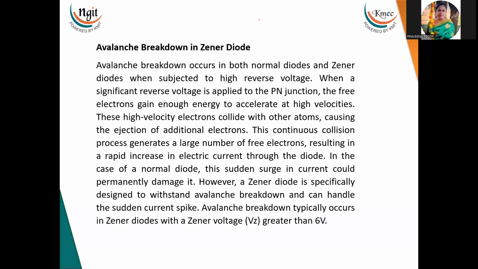Avalanche breakdown means: take the P and N material, this is the P material and this is the N material. As we increase the negative supply, the depletion width increases; across the depletion width negative ions are formed here and positive ions here. These atoms have free charge carriers, and a small number of minority charge carriers are there.